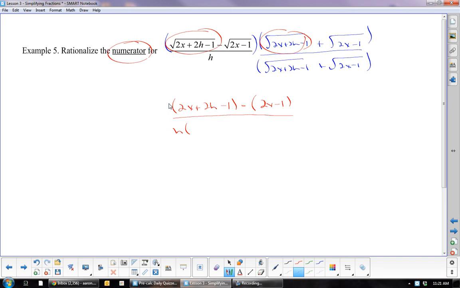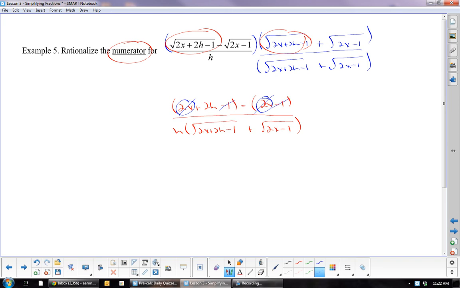Now up top we have 2x minus 2x, so that'll be gone. We have negative 1 minus negative 1, so that'll be gone. So all I'm left with up top is 2h over h times root 2x plus 2h minus 1 plus root 2x minus 1.